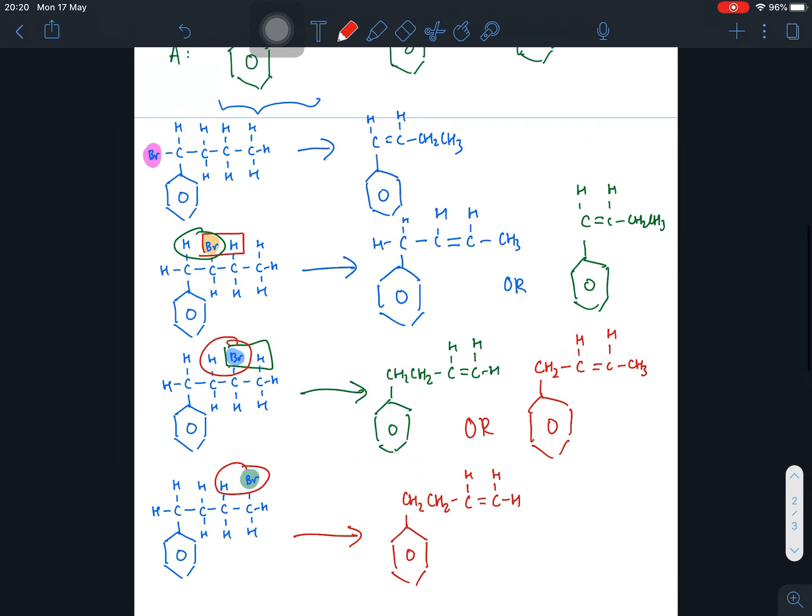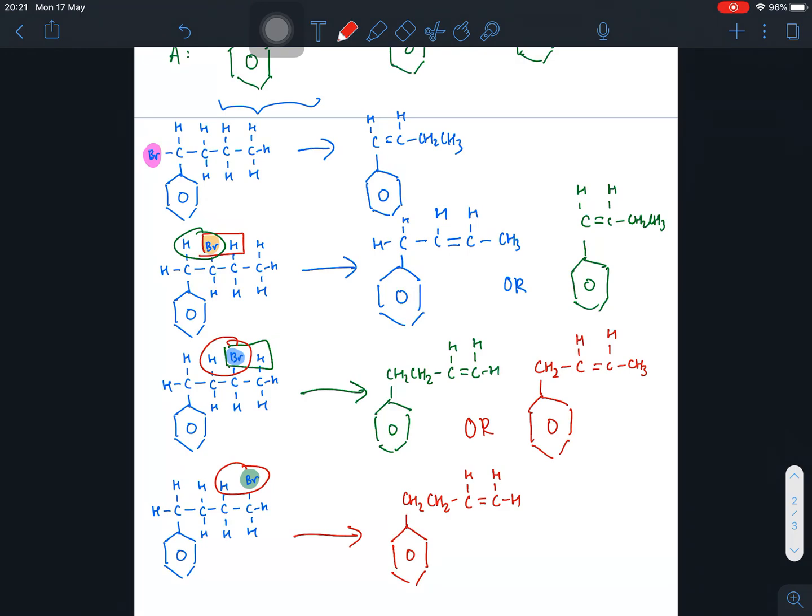Okay, so this is the 4 different monobromo compounds, and I need to find out if there is a presence of 2 species that is able to form the same compound out of the 4 monobromo compounds. Can I find an identity that's a B and C where they're going to form the same compound eventually?